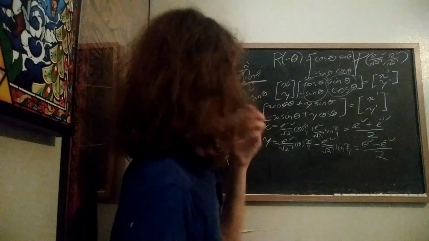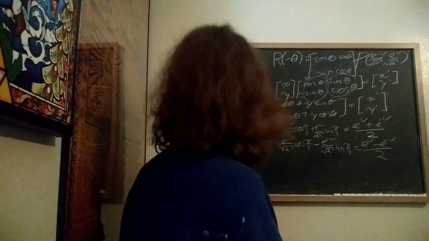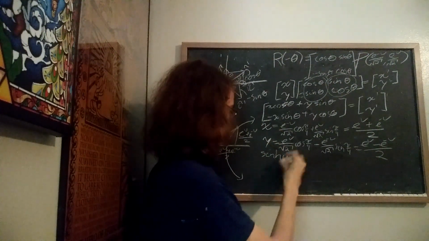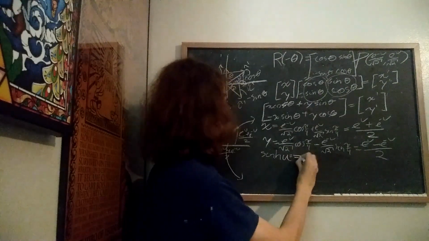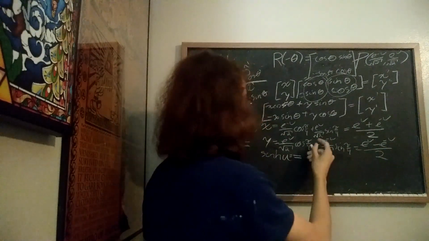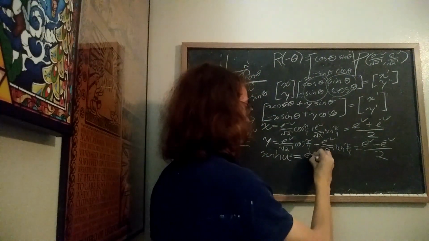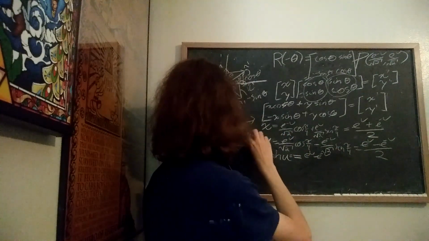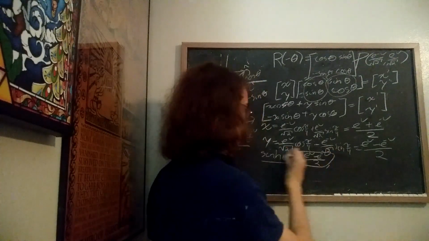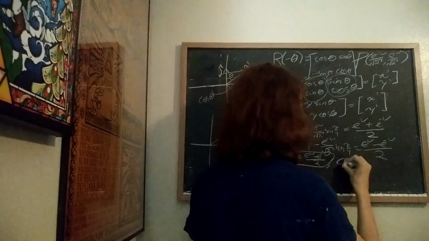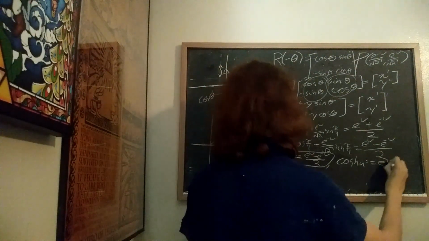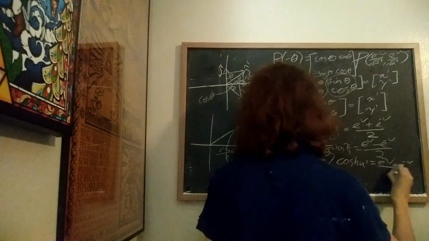And so this is how we're going to define our hyperbolic trig functions. We're going to say that hyperbolic sine at u, using u as an input, is going to be the y value, which we found to be e to the u minus e to the minus u, I wrote that wrong, over 2. And we're going to define our hyperbolic cosine as e to the u plus e to the minus u over 2.